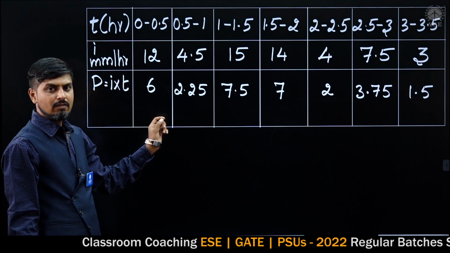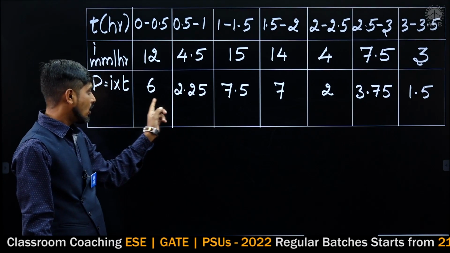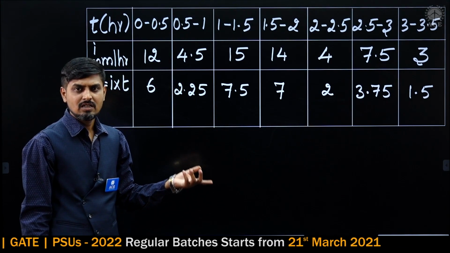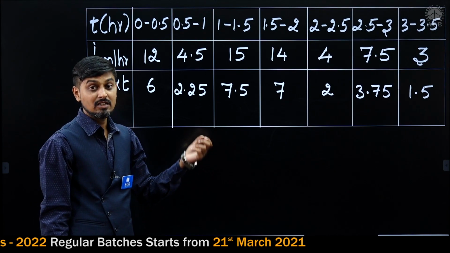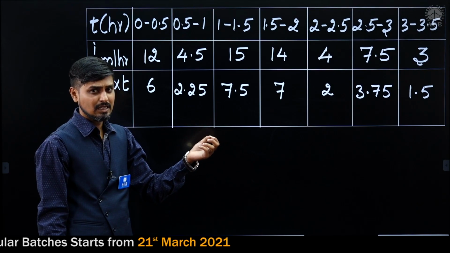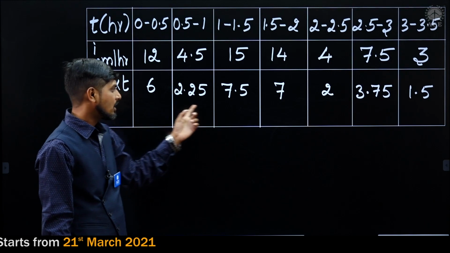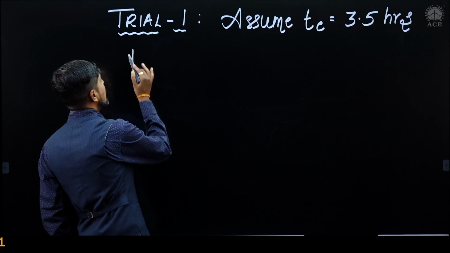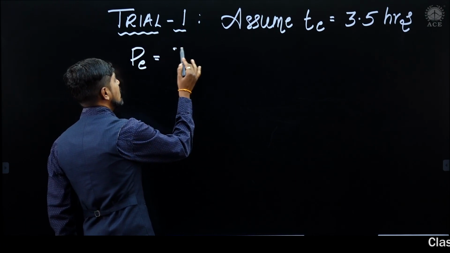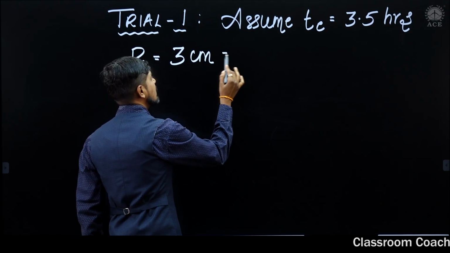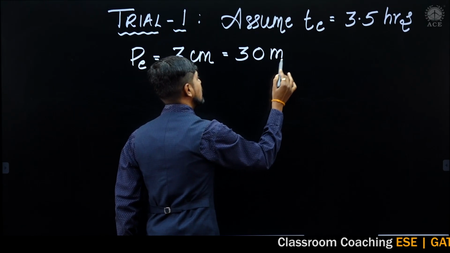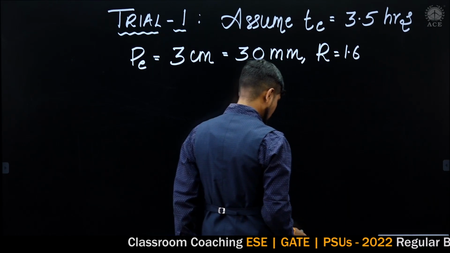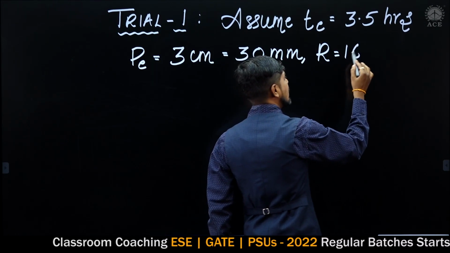So PE will be with respect to the total time, so all P values I am supposed to add. The total P value is directly given, that is 3 centimeter, which is nothing but 30 mm, or you can add all these values. The R value is given as 1.6 centimeter, so that is nothing but 16 mm.